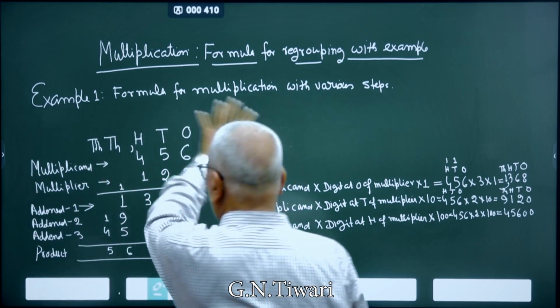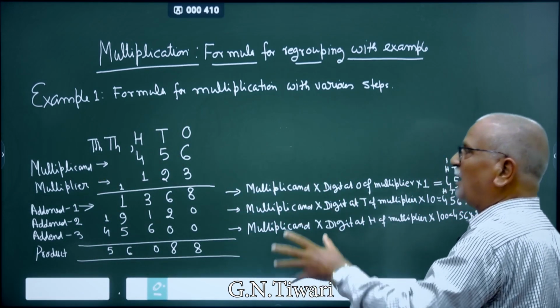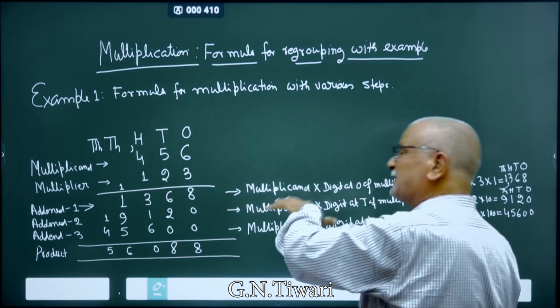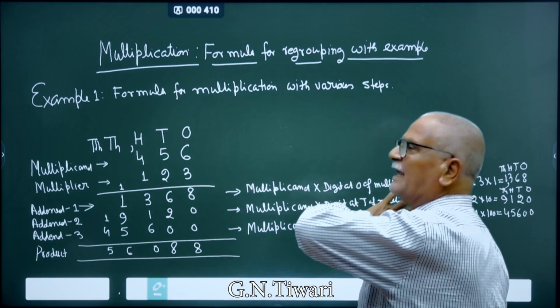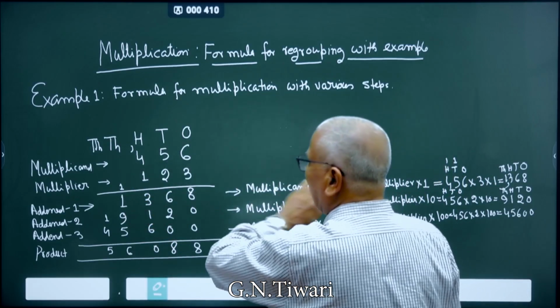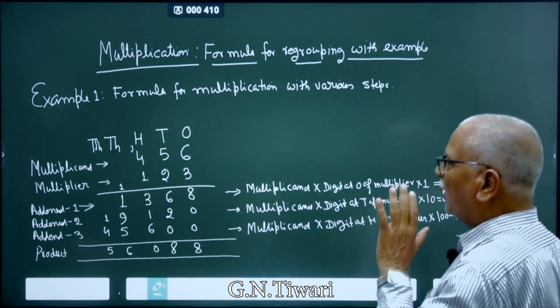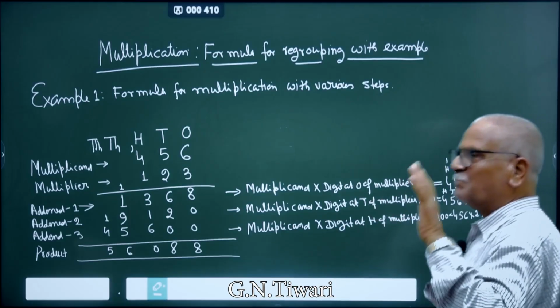This is the formula with the example of multiplying a 3-digit number by a 3-digit number. But it is applicable for any number, and the multiplier can be 1-digit, 2-digit, 3-digit. So this is the final formula for multiplication.